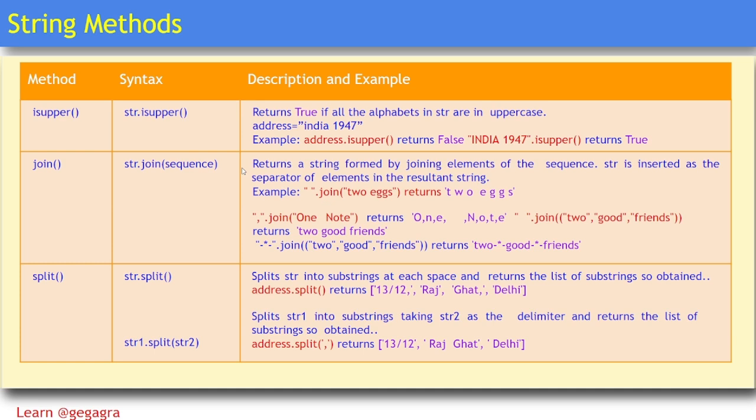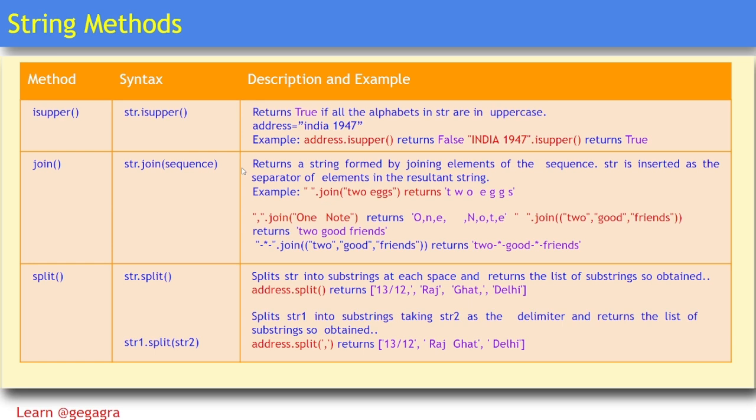So if you apply address dot split, it will give you 13 by 12, comma, and so on, because here this is one word, this is the second word, the third word, and the fourth word. These words are split by the space. See, substrings at each space. So wherever space exists, it breaks the string.